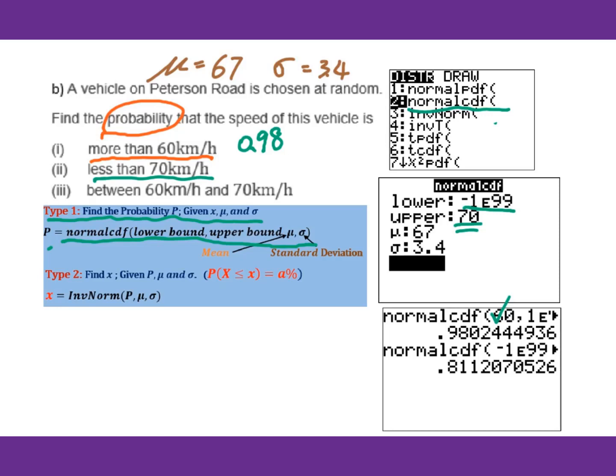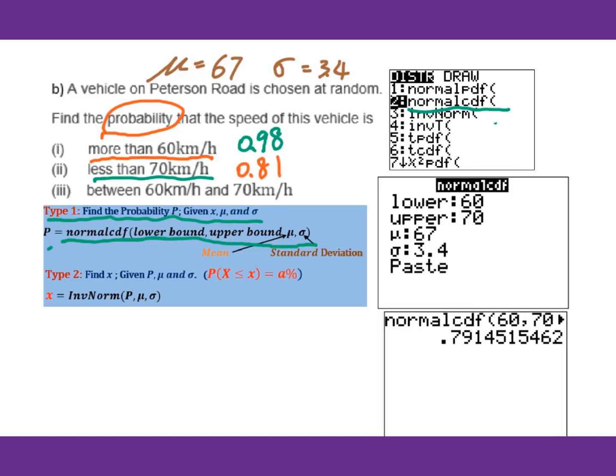The mean and the standard deviation won't change. Then the answer will be 0.81. For the third question, between 60 and 70, you will put the lower 60, upper 70. Then these two won't change. Your answer will be 0.79.